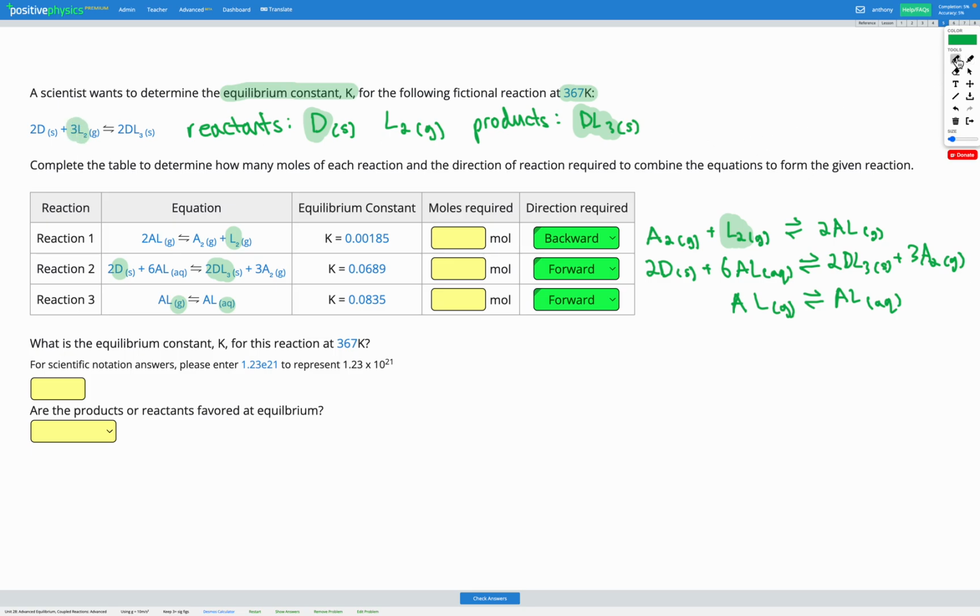So we know we're going to need 3 of step 1 in order to have enough L2 in our reactants. For step 2, we've got 2D in our reactants and 2DL3 in our products. Looking at our equation up here, we've got 2D in our reactants and 2DL3 in our products. So we already have the right amount of D and DL3. So that one's just going to be multiplied by 1.